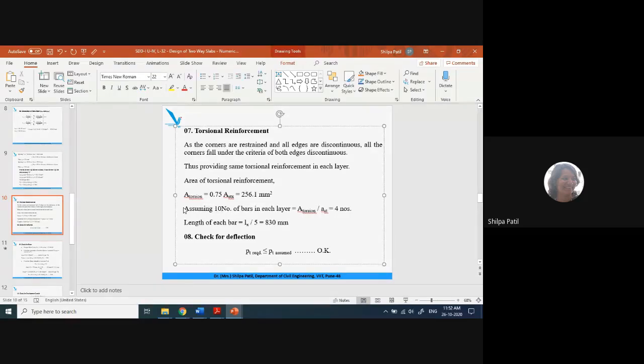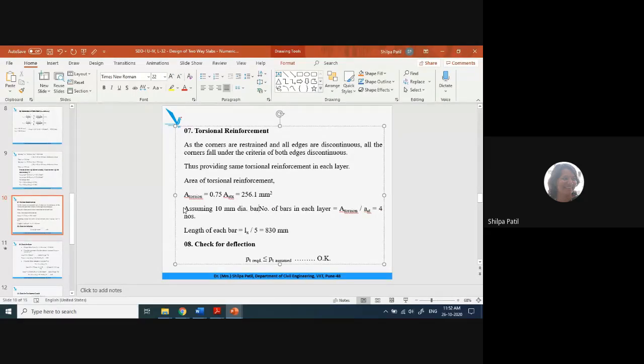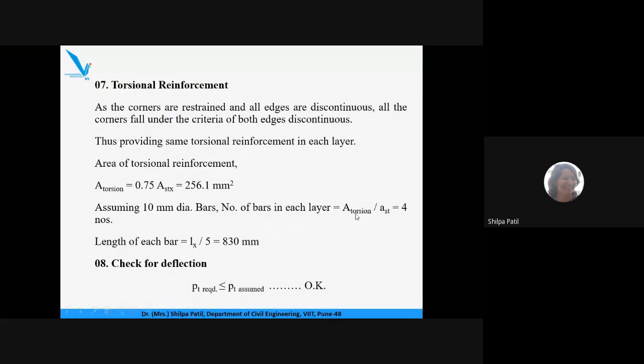Assuming 10 mm diameter bars. Number of bars in each layer will come as the area of torsional reinforcement, that is 256.1, divided by the area of a single bar. The number of bars coming is 4. And the length of each bar is calculated by Lx upon 5 as 830 mm.